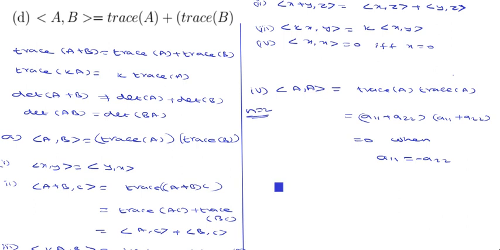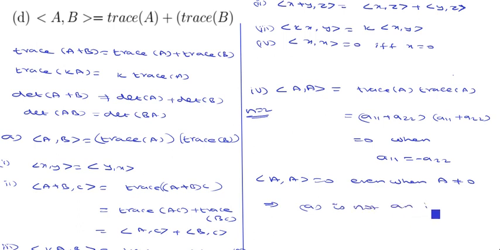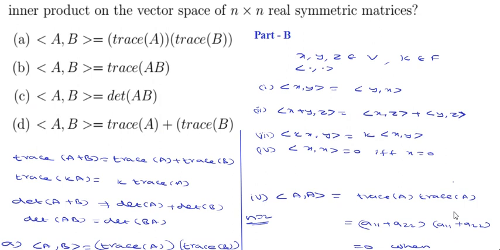So the inner product <A, A> equal to 0 even when A is non-zero. So therefore option A is not an inner product. So option A is wrong, since it satisfies the first three and doesn't satisfy the fourth property.